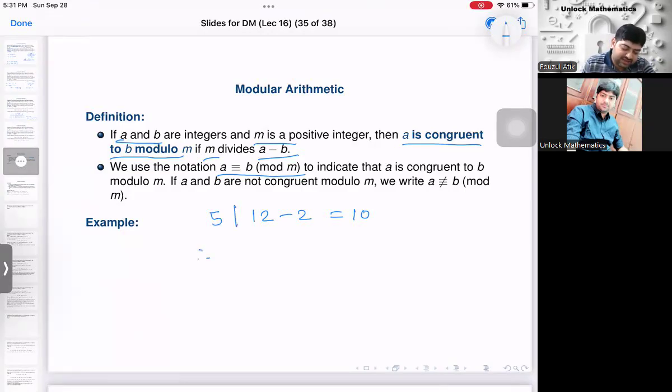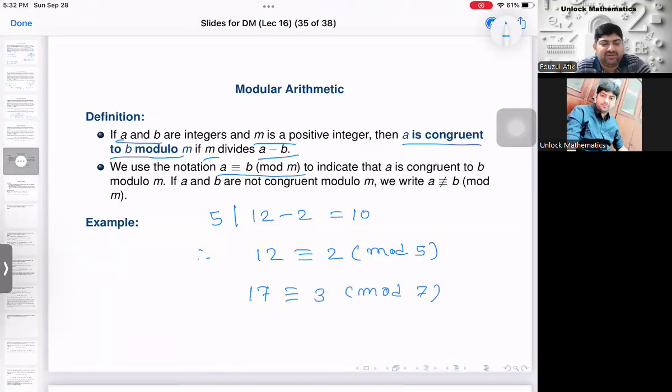So I can write therefore that 12 is congruent to 2 mod 5, because 12 minus 2 is divisible by 5. Clear? I can give many other examples. Maybe 17 is congruent to 3 mod 7. Can't I do? Yes, because 17 minus 3 is 14, which is divisible by 7. So therefore, you can write that.